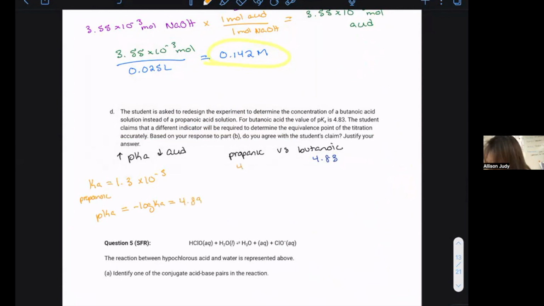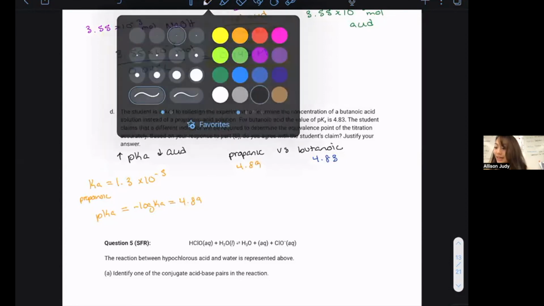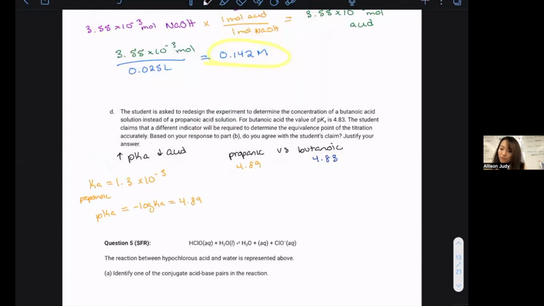Okay, so this means I have a pKa of 4.89 for propanoic acid. These are incredibly similar. So due to the similarity of the acidic behavior via pKa comparison, we could say safely that we actually disagree with the student.